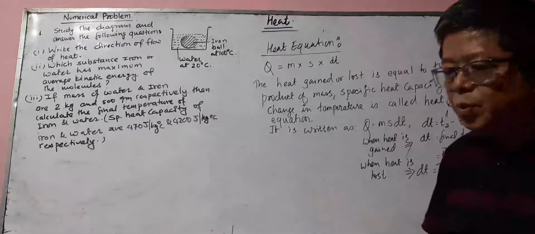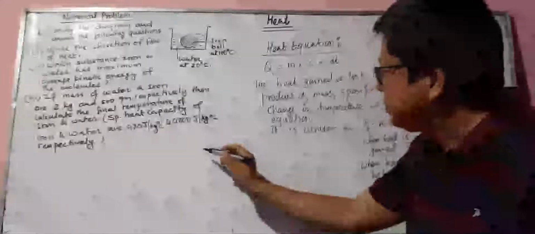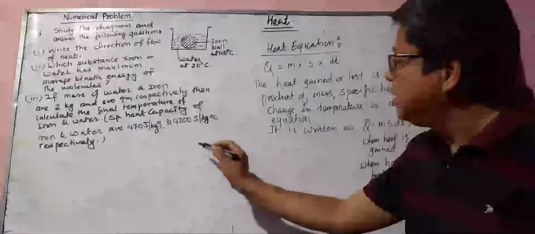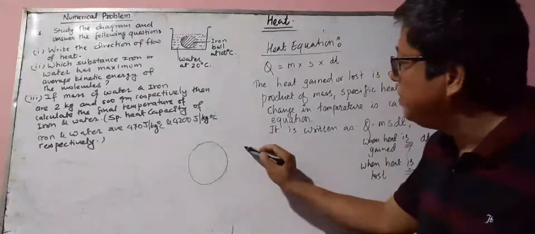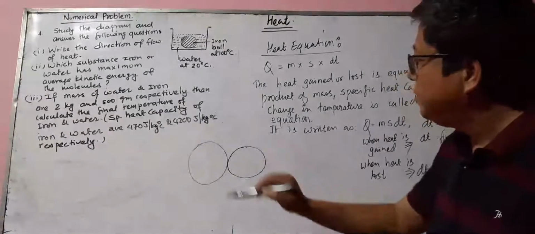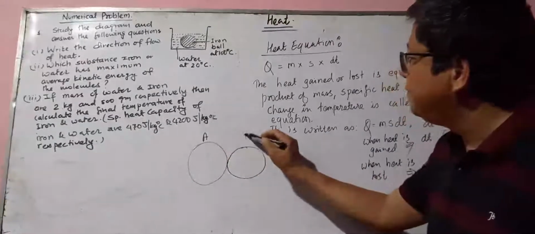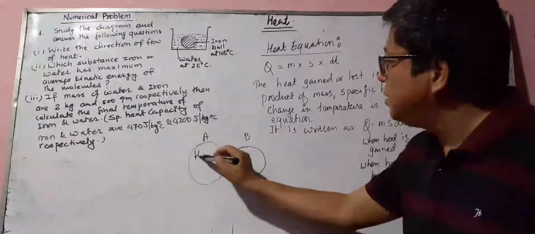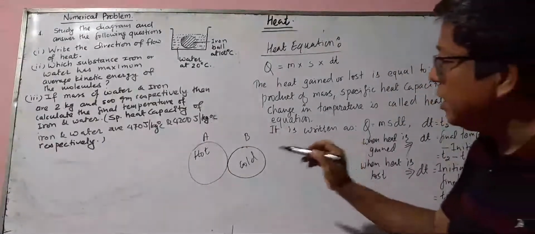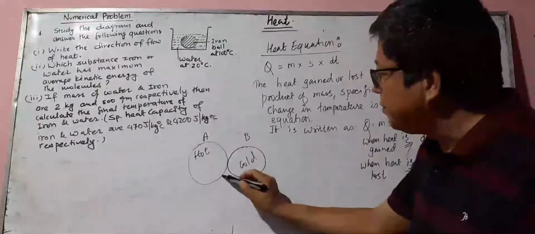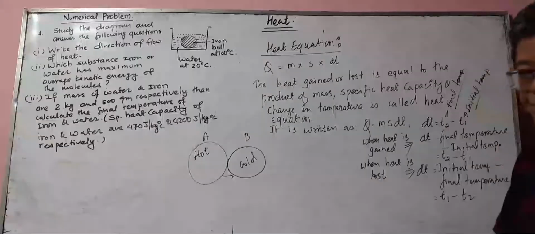That means when we bring a hot body and a cold body in contact, suppose this is two bodies, A and B, brought into contact. One is hot, and this is cold. Then heat is transferred from hot to cold body.